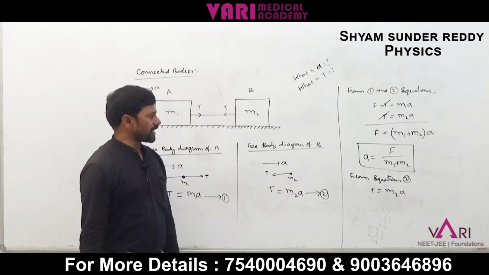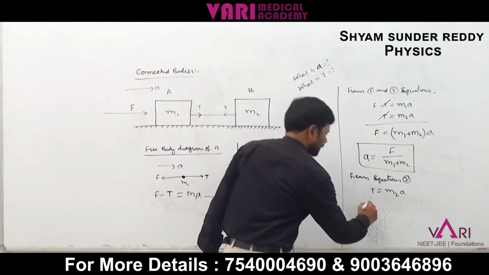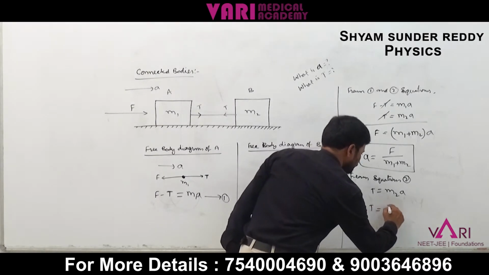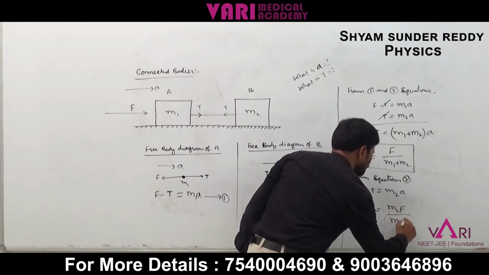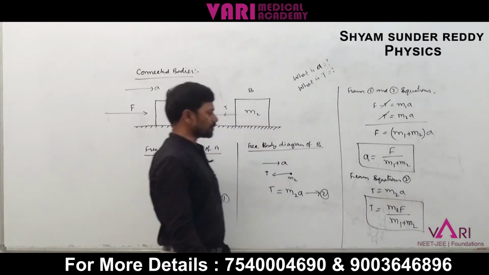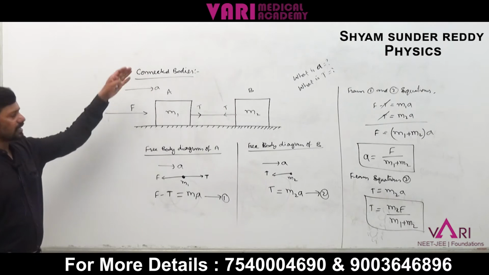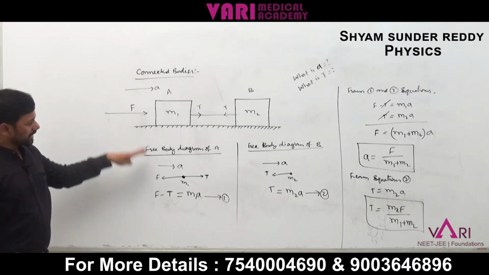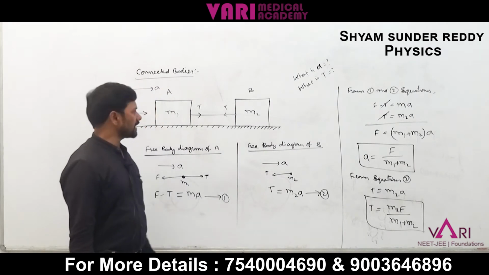In the place of A, substitute this value, then we will get the tension value. T is equal to M2F by M1 plus M2. This is the tension. Simple. So here, acceleration is there as well as tension is there.